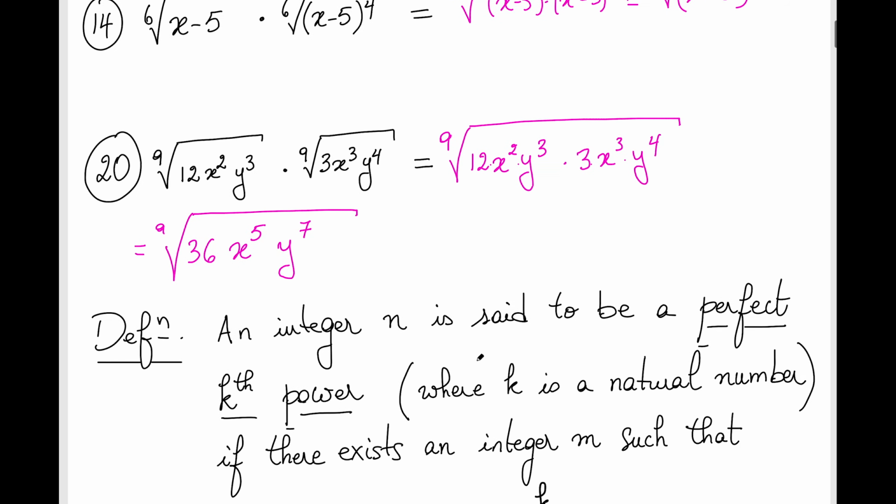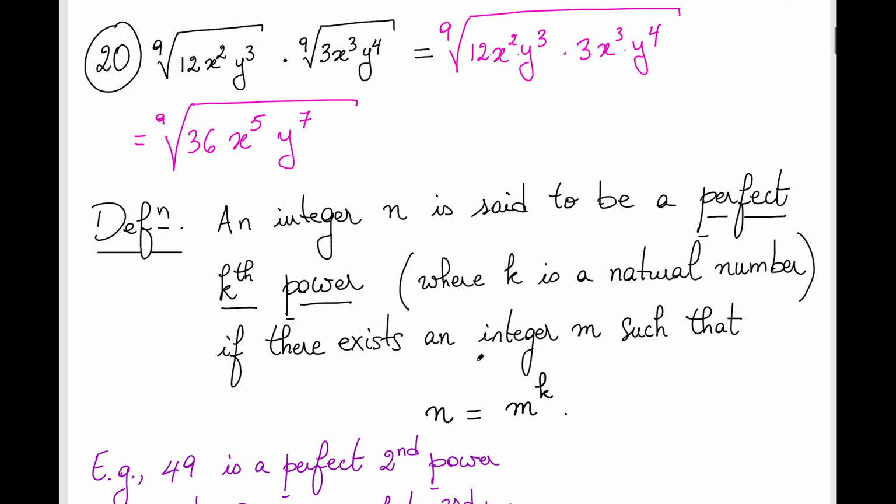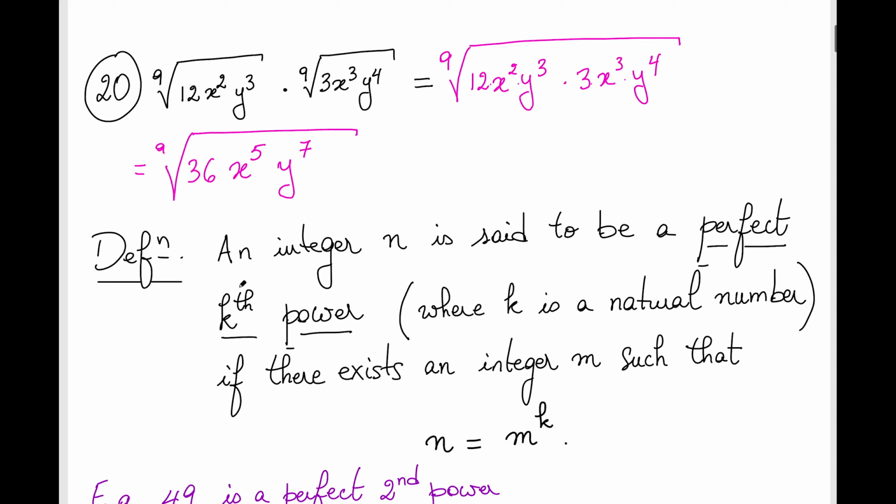Okay. All right, so let's do this definition. Let's read it. An integer n is said to be a perfect kth power. Here k is supposed to be a natural number. So we say that n is a kth power if you can find an integer m such that n is the kth power of m. Okay.